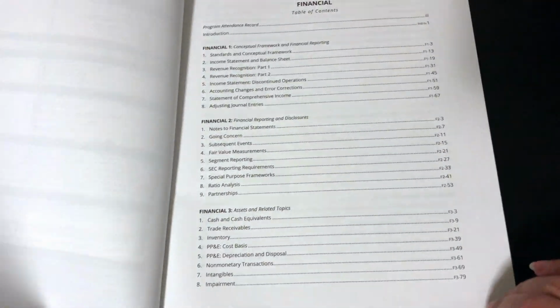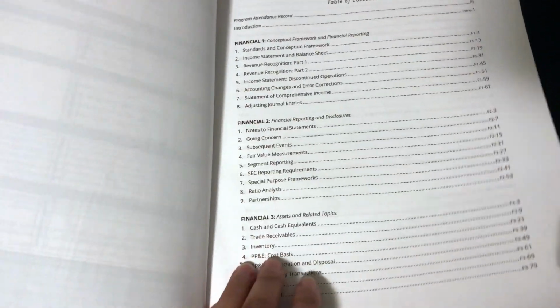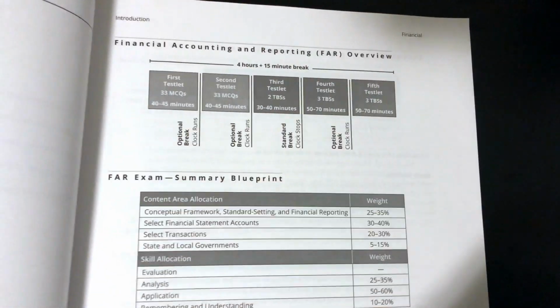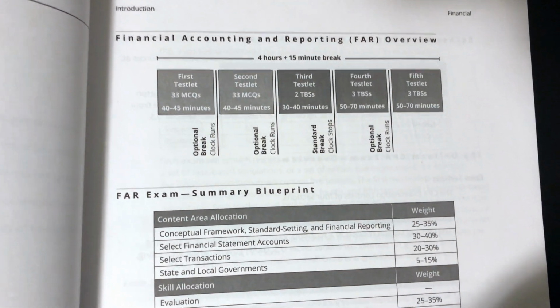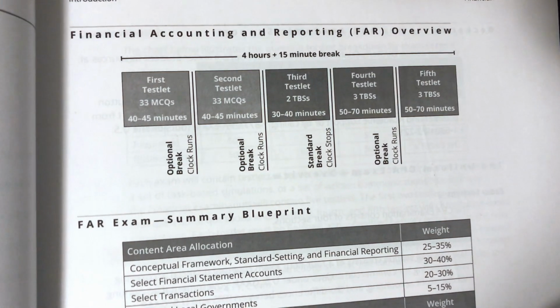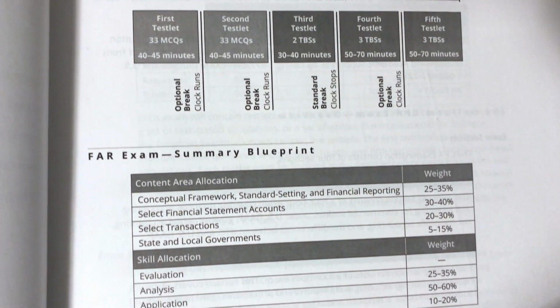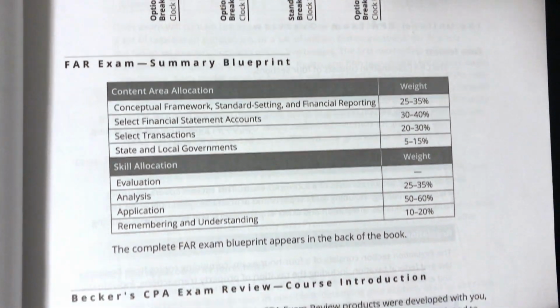Okay, and I just want to show you how the book looks inside. And yeah, as you can see, it's a table of contents and an overview of FAR. The exam is 4 hours and you get a 15-minute break. Each MCQ testlet has 33 questions.